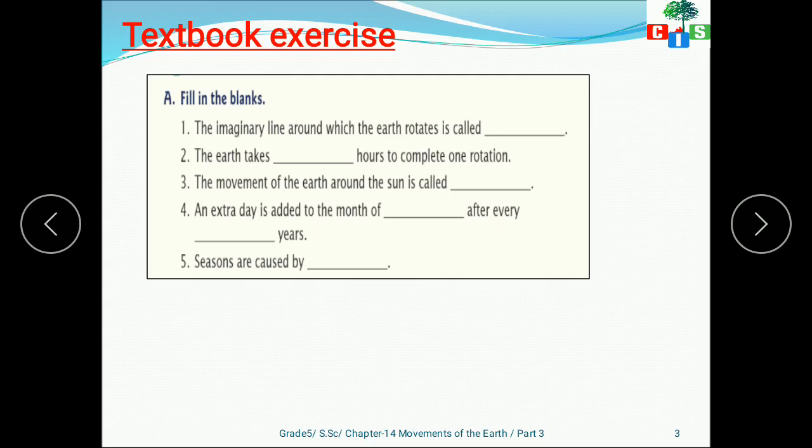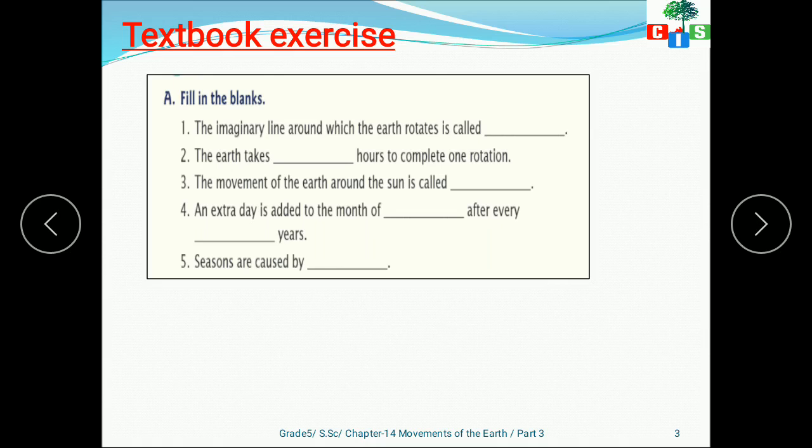Fine. Next, an extra day is added to the month of dash after every dash year. When would the extra day be added? That is the month of February, and it would be after every 4 years. Now how do seasons occur?